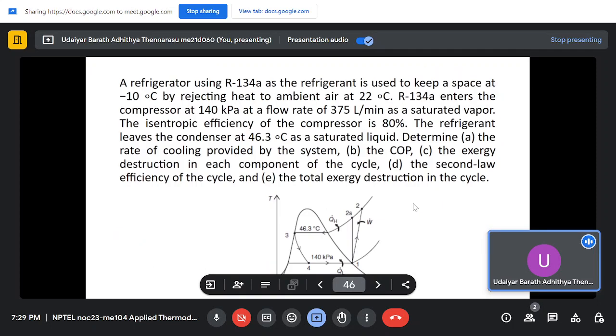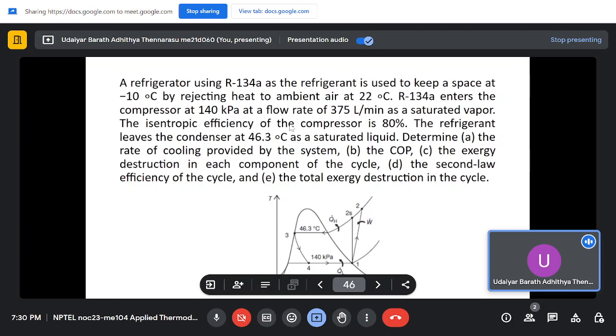Now similarly, we'll see one more vapor compression system. A refrigerator uses R134a as the refrigerant and is used to keep a space at minus 10 degrees Celsius by rejecting heat to ambient air at 22 degrees Celsius. So it's running between minus 10 and 22. R134a enters the compressor at 140 kilopascal at a flow rate of 375 liters per minute as a saturated vapor.